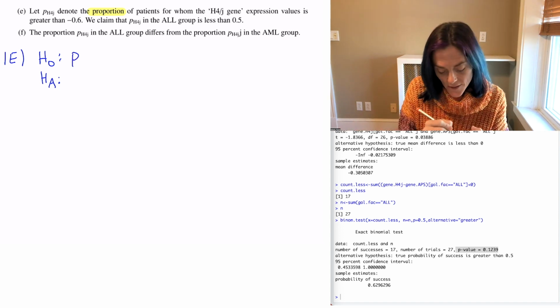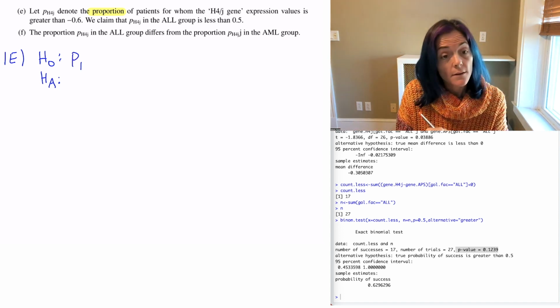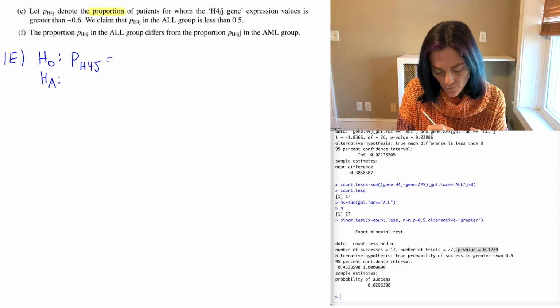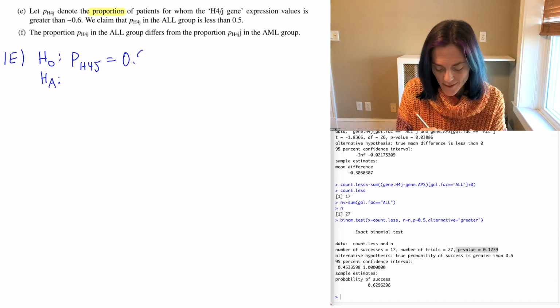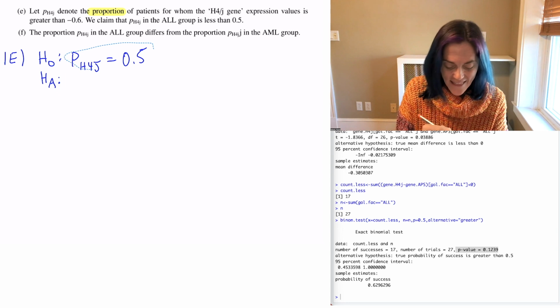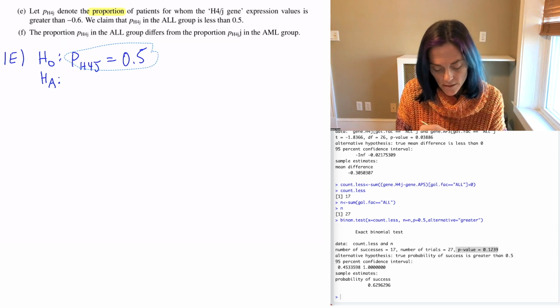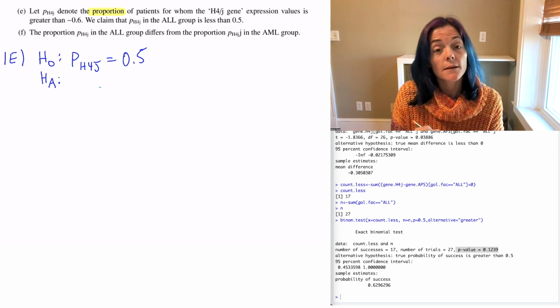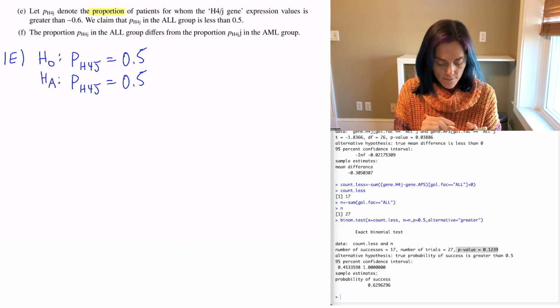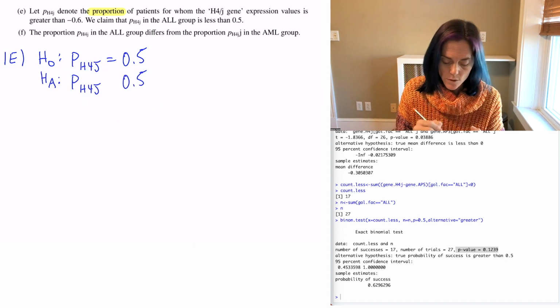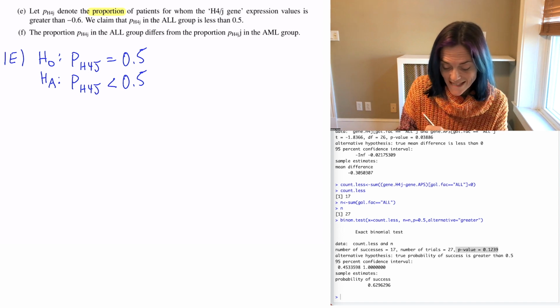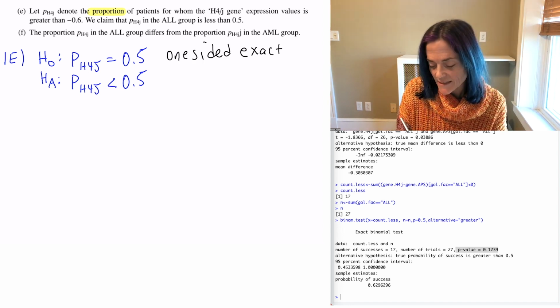The null hypothesis is that this proportion, P sub H4J, equals 0.5. And then the alternative hypothesis, let's read it, less than. So I change the equals to a less than. This will be a one-sided exact binomial test here.